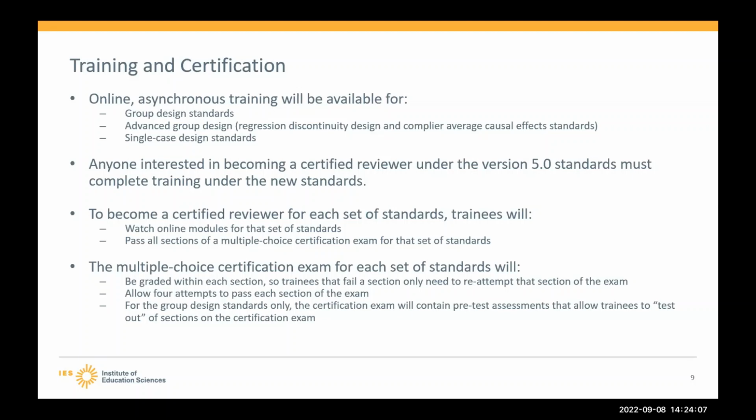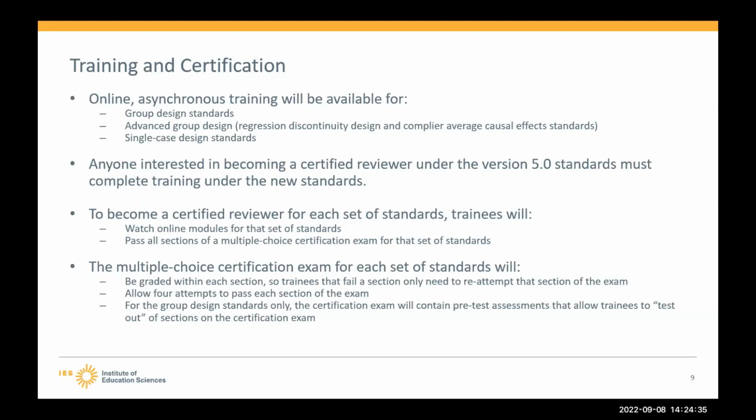as you need. To become certified under 5.0, all new and current reviewers will need to take a multiple choice certification exam. We recommend that you view the certification modules to prepare. The WWC built in a few modifications to the 5.0 exams compared to how those exams have been administered in the past.